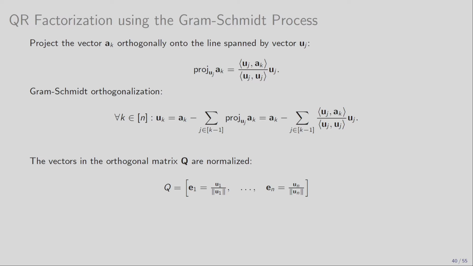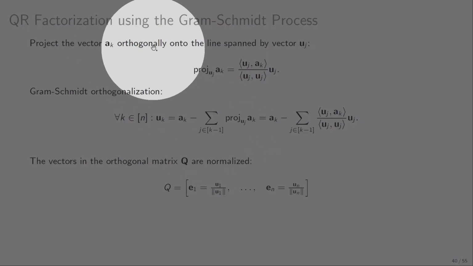So let us now look at this Gram-Schmidt process. The idea is fairly simple. You look at the input A. We assume for the time being that we are given A, and we look at the columns in A, which are vectors a1 to an.